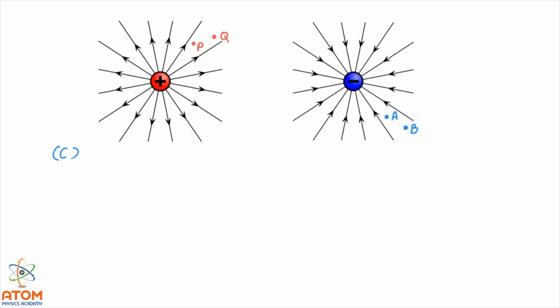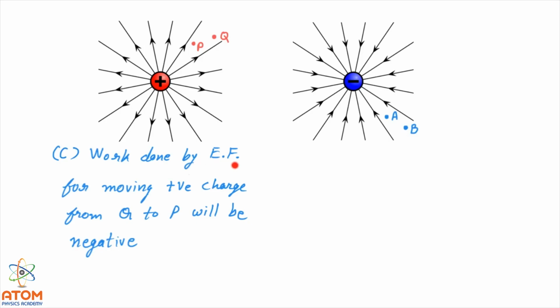I repeat, if you move a positive charge from Q to P, that means you are coming close to this positive charge. That's why you have to do some positive work. So that will be the work done by the external agency. But here it is asked for the work done by the electric field. So the work done by the electric field will be negative. So I am putting here: work done by the electric field for moving a positive charge from Q to P will be negative.